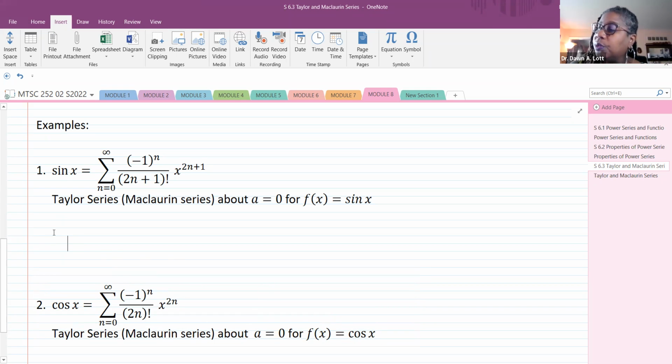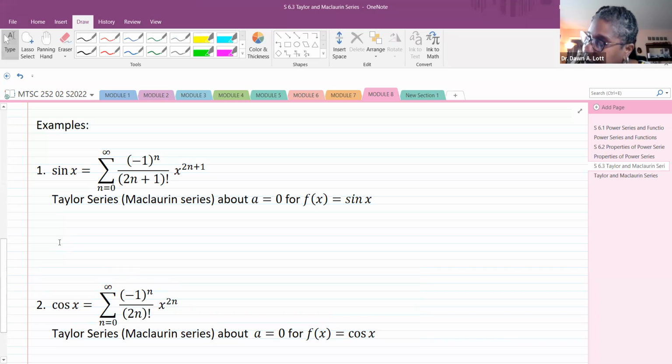So if I were going to write out the sine of x, I would get negative 1 to the 0 over 1 factorial, and then I would have x to the 1. The next term is going to be negative 1 to the 1, so it's going to be negative, x cubed over 3 factorial.